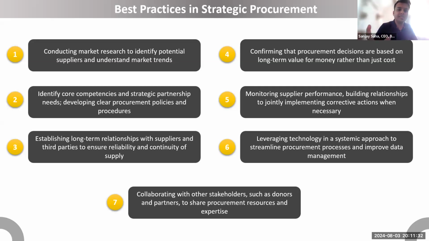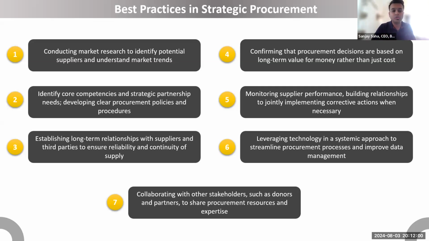But if you don't have all the information, then you may want to conduct market research and identify potential suppliers. So that's an option, but these are the best practices. So if you're trying to set up strategic procurement, you must at least try to do these or choose between some of these, because you may not be able to do everything. So that is what I meant when I said choose your options.